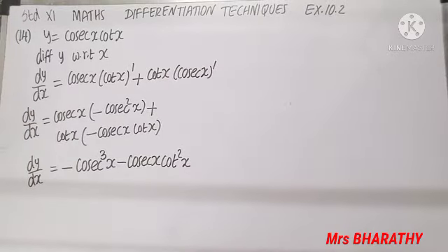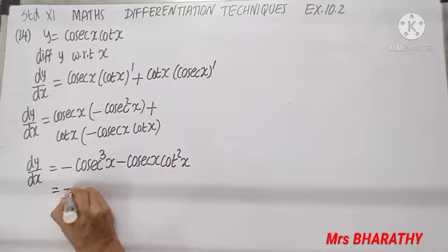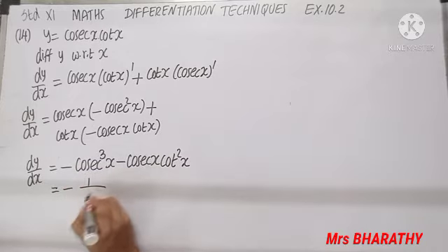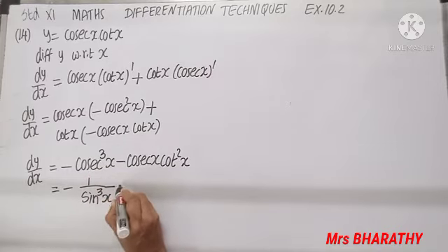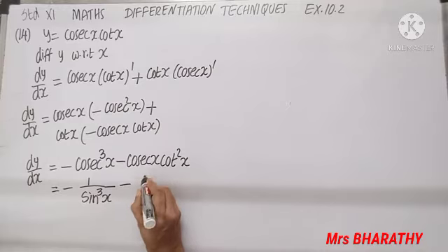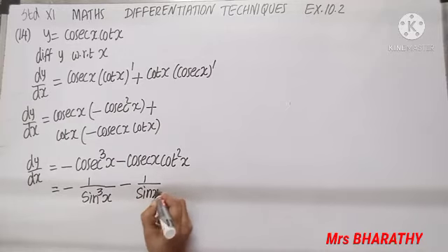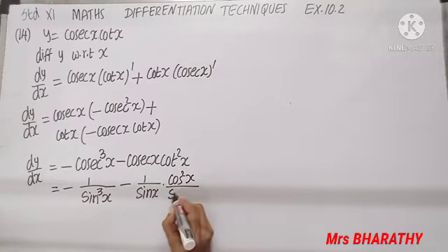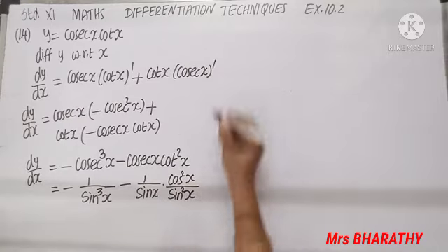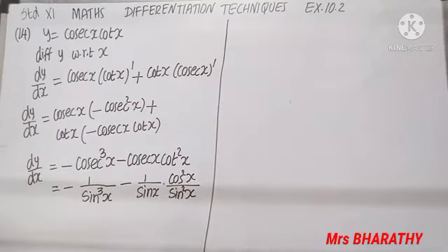Using the trigonometrical ratios, minus cosecant cube is 1 by sine cube x, minus cosecant x is 1 by sine x, cot square x is cos by sine, so cos square x by sine square x.